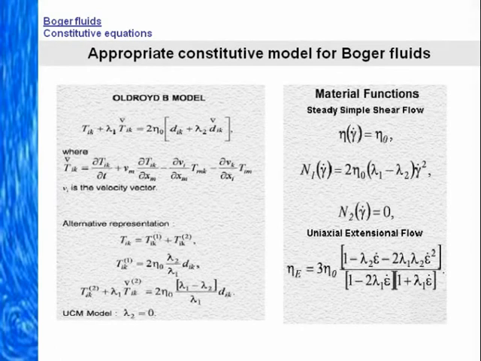For many years, an obvious choice met with almost universal acceptance. The so-called Oldroyd B model seemed to have a relative simplicity and possessed some attractive features so far as rheometrical prediction was concerned.